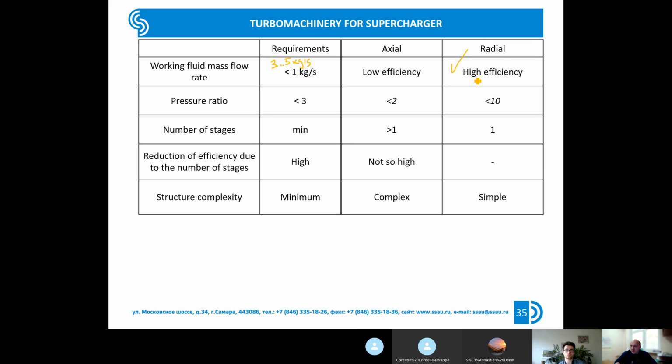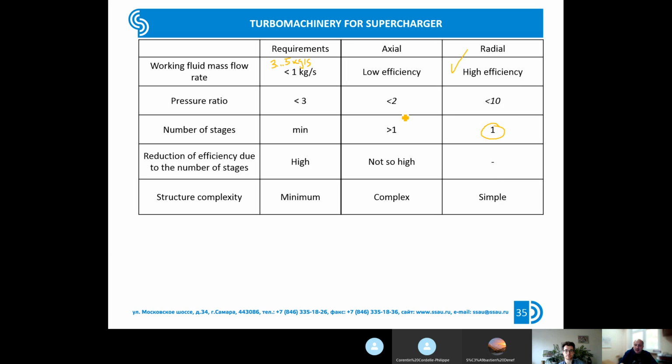That's why we will say that here it's good. If we compare the pressure ratio which could be realized in one stage, a pressure ratio of 3 could be realized in one stage of a centrifugal compressor.